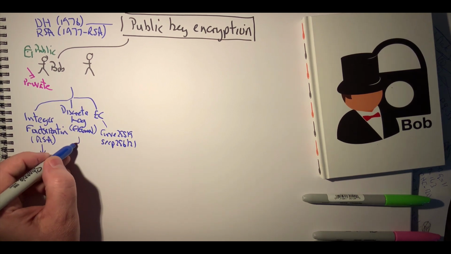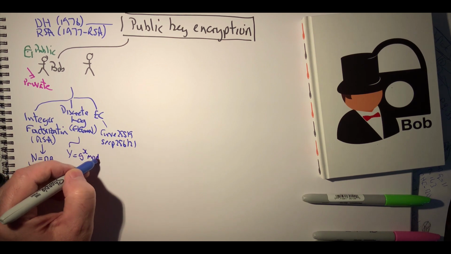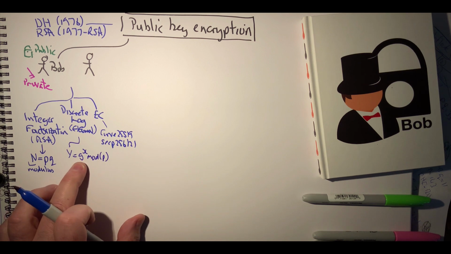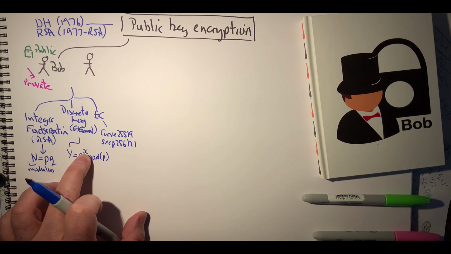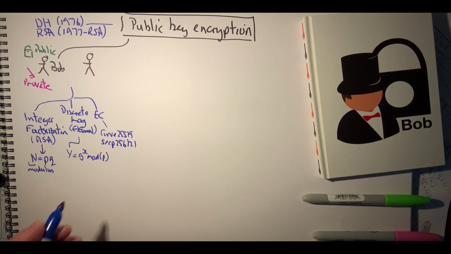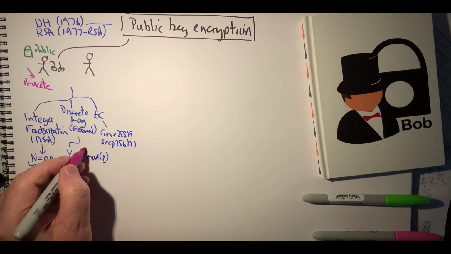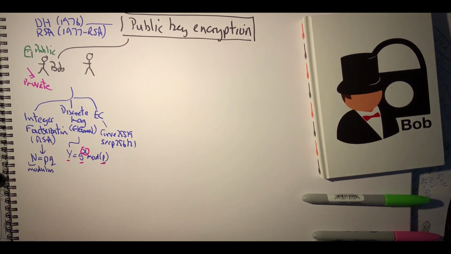With this method, we use discrete logs such as this: Y = G^X mod P, where G is a generator value, typically 2 or 3 or 5, X is a secret, and P is a large prime number, typically a couple of thousand bits. And the difficulty is to find the value of X, even though we know Y, G, and P.